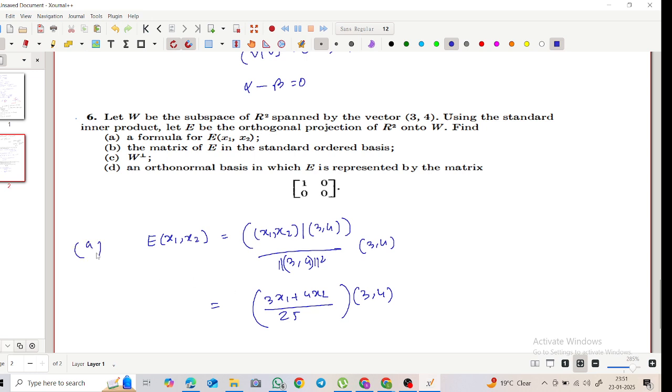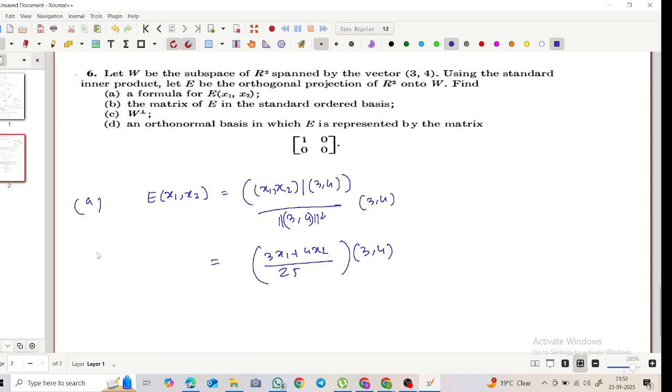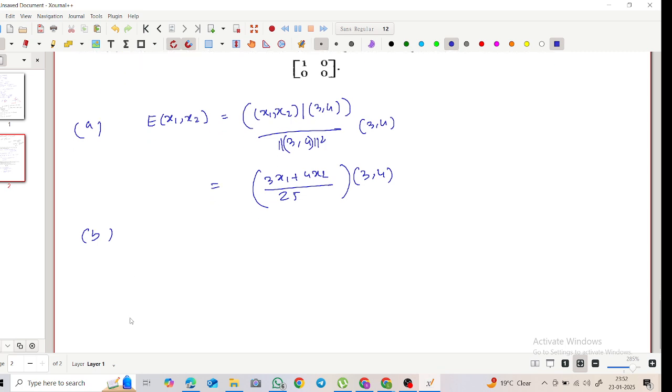The matrix of E in the standard ordered basis, I think you can do it yourself. Please do it yourself. Okay, I mean, let's do it anyway.